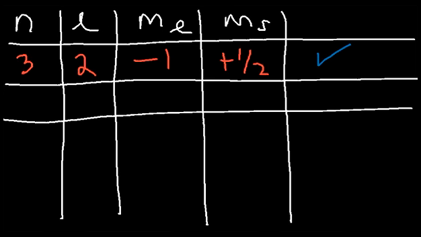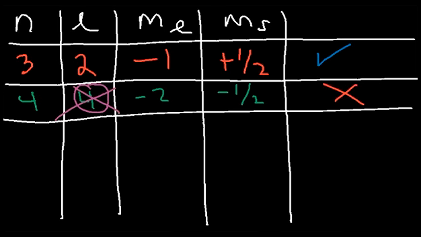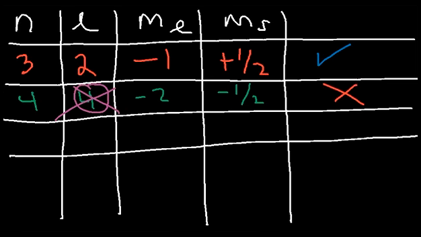Now what about this one? Let's say n is 4, l is 4, ml is -2, and ms is -0.5. Is there anything wrong here? l has to be less than n. l cannot equal n, so it's wrong. Now let's say n is 5, l is 2, ml is -3, and ms is +0.5.